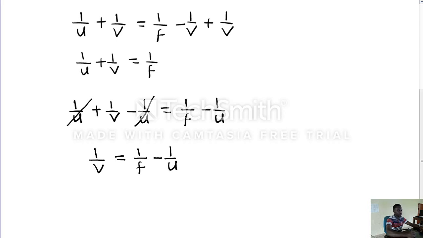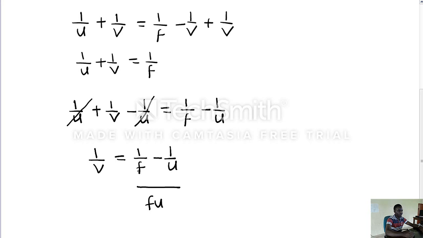Now, I have succeeded in making 1 over v the subject of the formula, but the question said I should make v the subject of the formula and not the inverse of v. So what I'm going to do next is try and simplify what I have on the right hand side. I'm going to look for the LCM of f and u, which is fu.